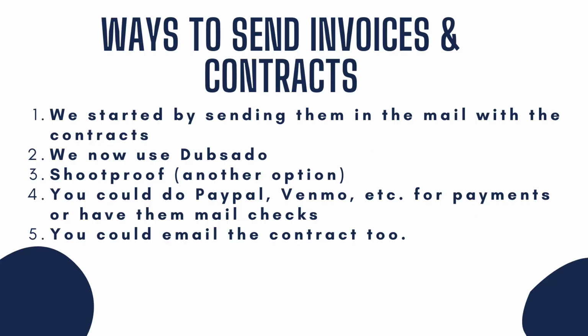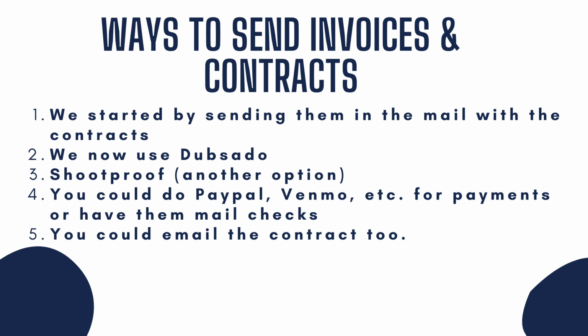Let's start talking about how we send our invoices and contracts. We actually started by sending them in the mail. Our invoice and our contract would go out together, so that was printing paper and postage stamps. We now use something called Dubsado, which we're going to talk about in a second.